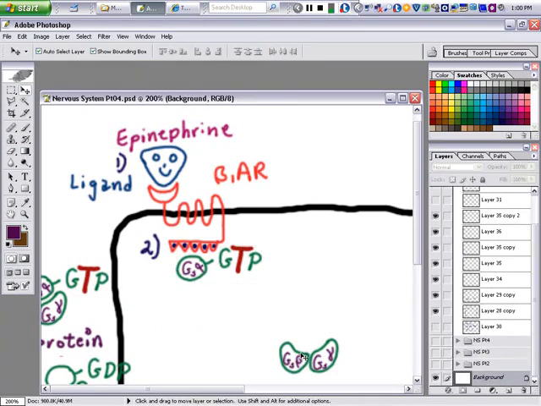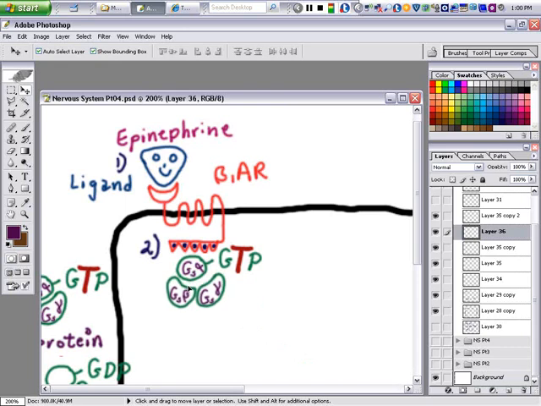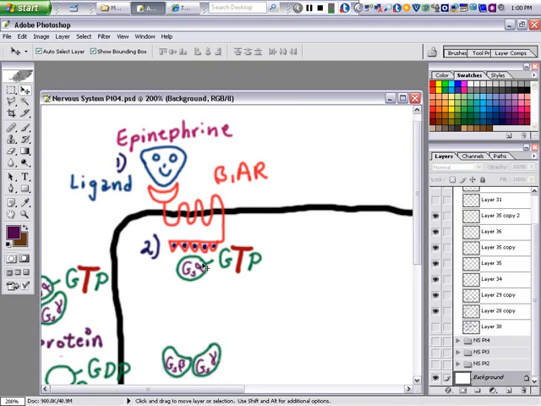So initially, we had G stimulatory alpha, beta, and gamma. You lose beta and gamma. Now you have just G stimulatory alpha with the GTP.